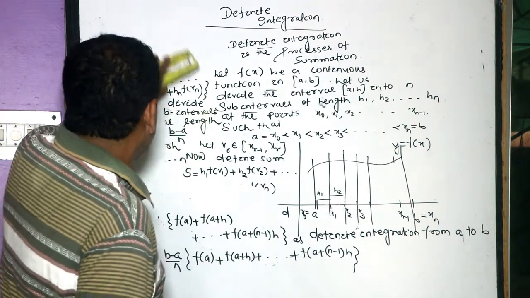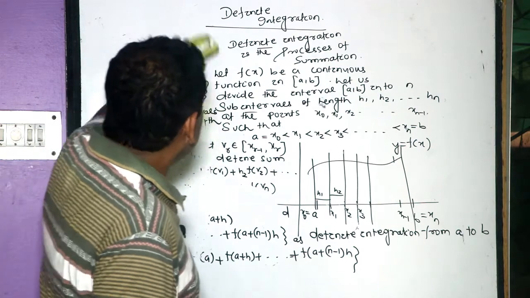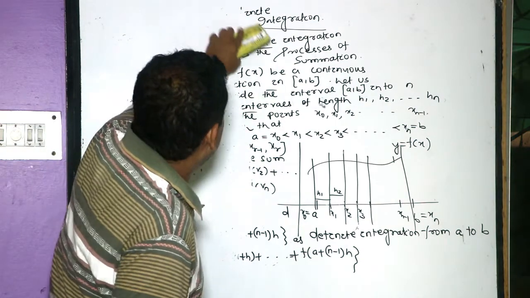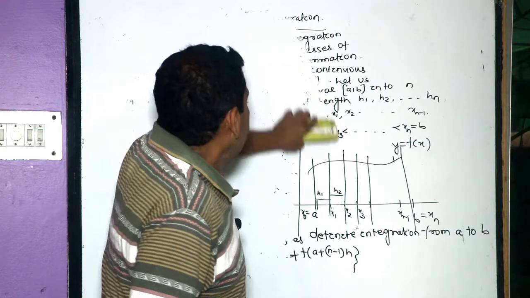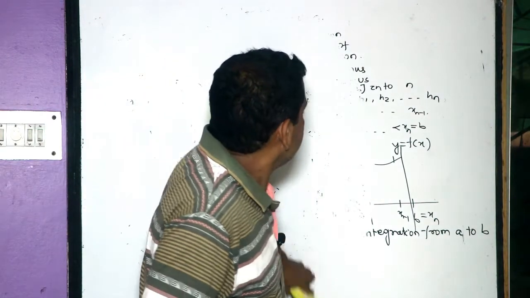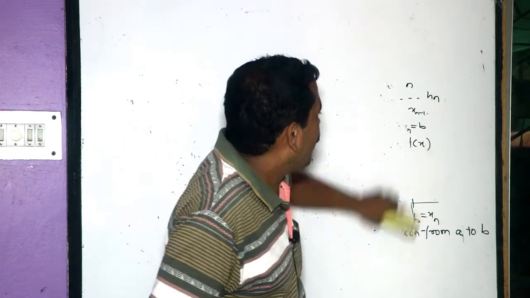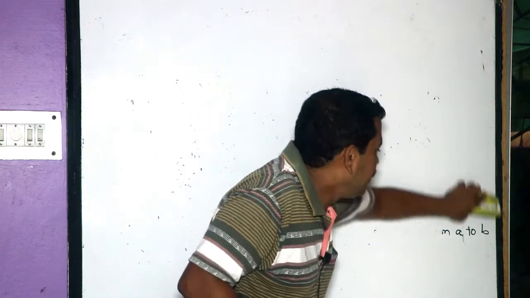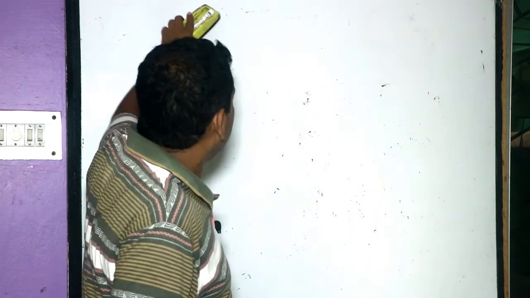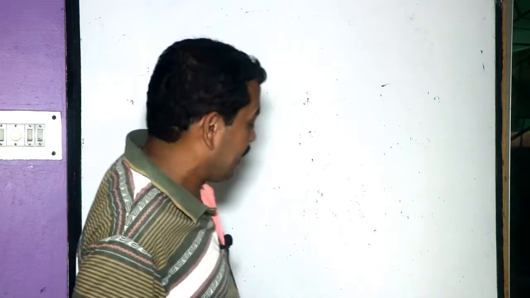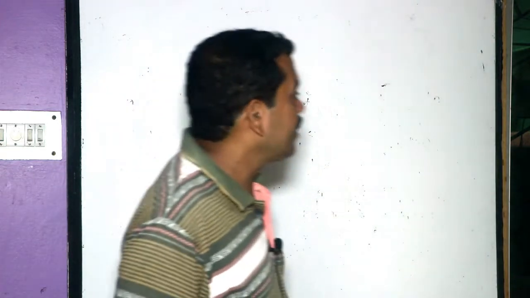For example, that is your article number 9I. If the question asks to find the definite integration as the limit of sum, then you have to evaluate by using this formula. Otherwise, in another way we can evaluate.